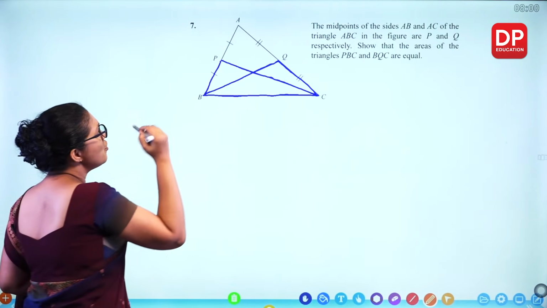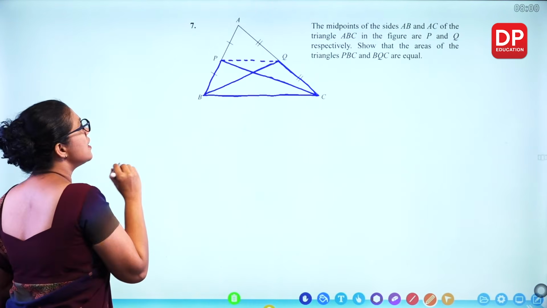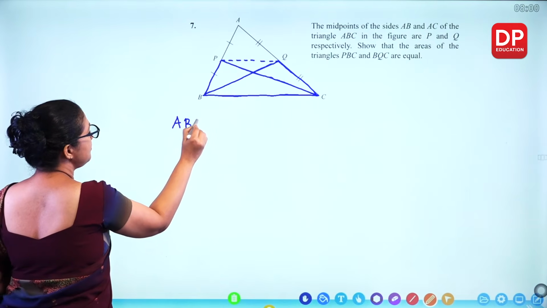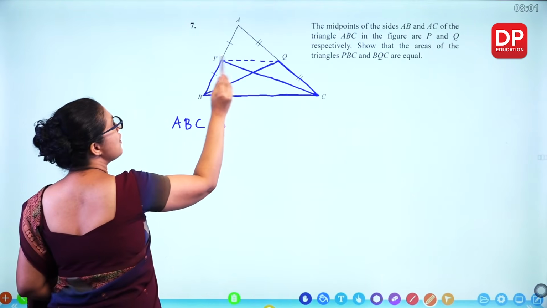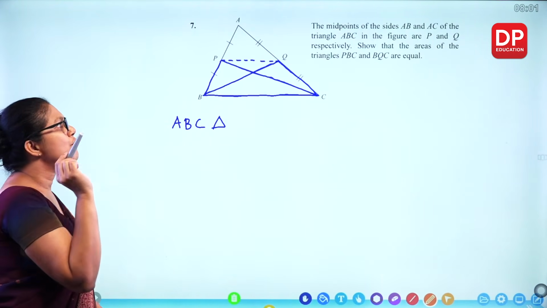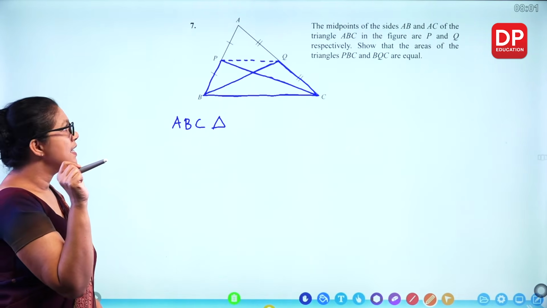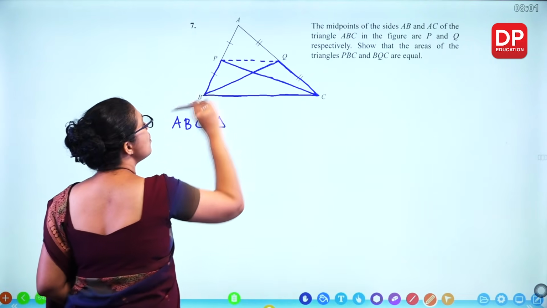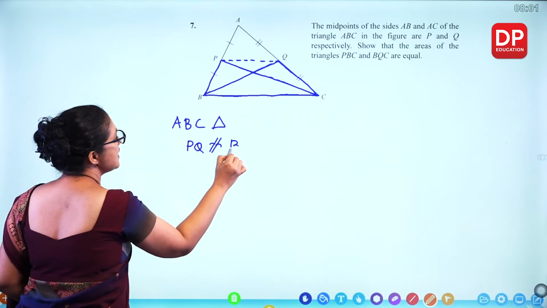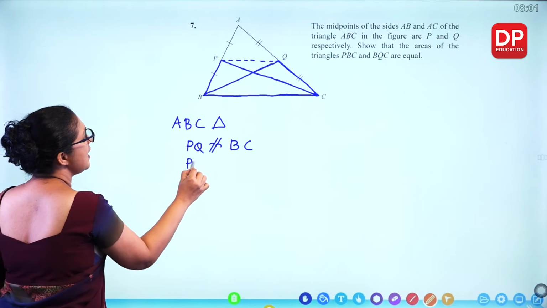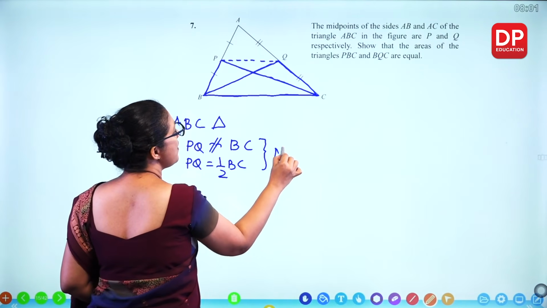Now, when you draw a line joining these, what can you say about the ABC triangle? We know that this is the midpoint of AB and this is the midpoint of AC. So the line joining the two midpoints is parallel to BC. So we know PQ is parallel to BC as well as PQ length is half of BC according to the midpoint theorem.